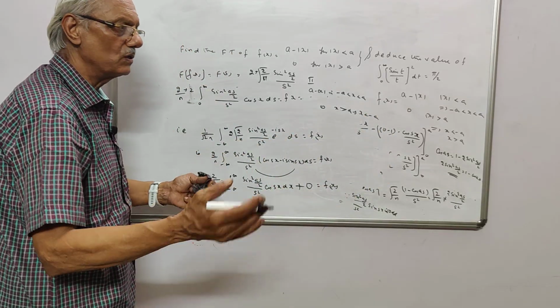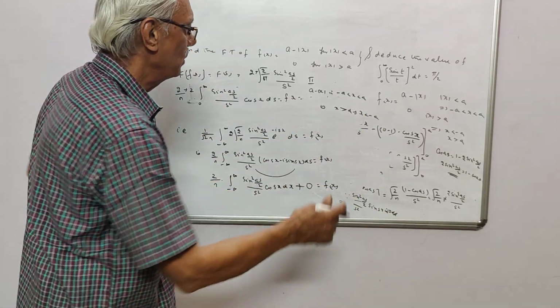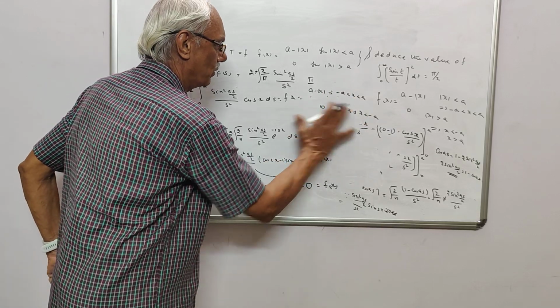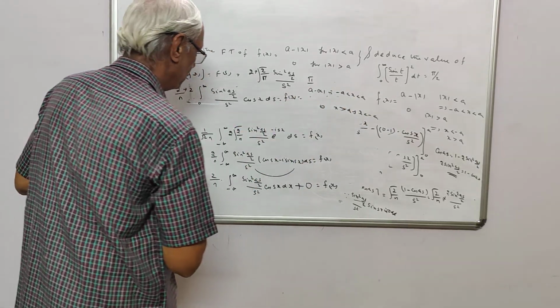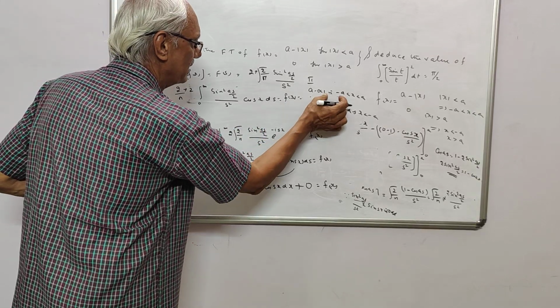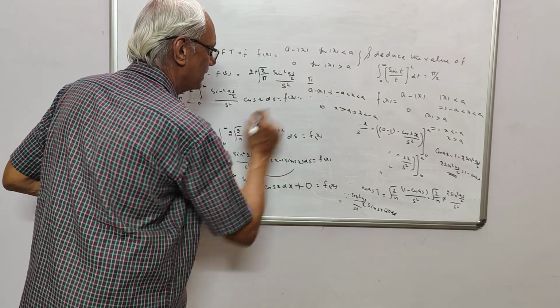Below minus a it is 0, above plus a it is 0, only for this interval. So don't bother about this. So this is equal to your f of x. So f of x will take either this or this. This will not come, only this can come.